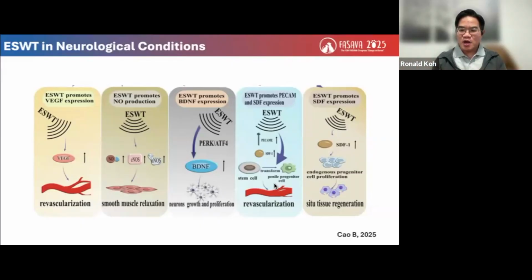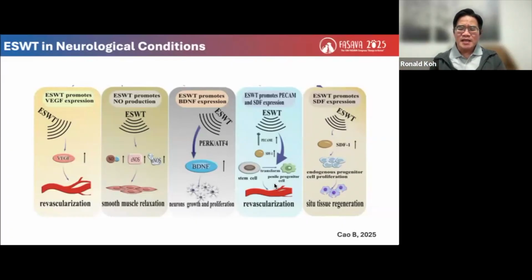It also increases nitric oxide, which also improves microcirculation and relaxes the smooth muscles. And even the literature has shown that it helps to boost BDNF expression. Again, one of the factors, like I mentioned, that is very good for nerve growth and proliferation, and also for repair as well.